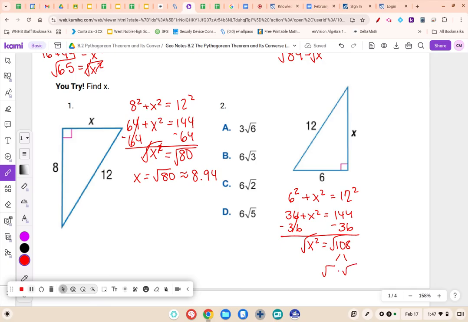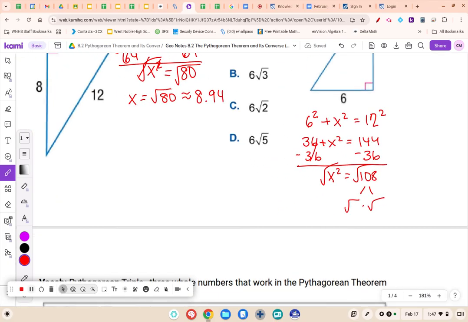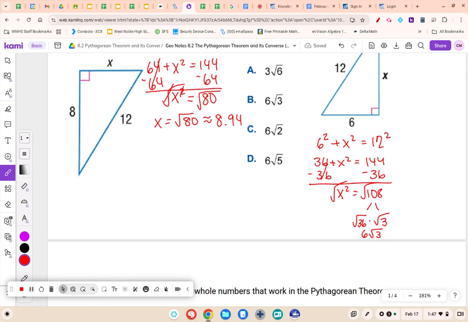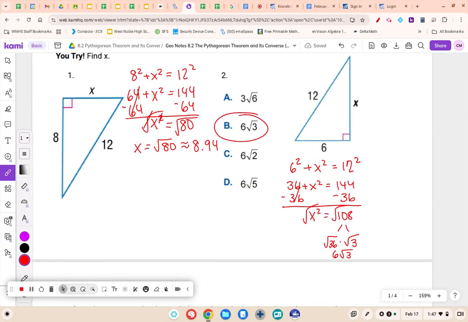I'm going to have to find my biggest perfect square that can divide 108 into a whole number. And that biggest perfect square is 36 if I go through and check. 36 times 3 is 108. So when I reduce this, I get 6 square root 3, which is B.